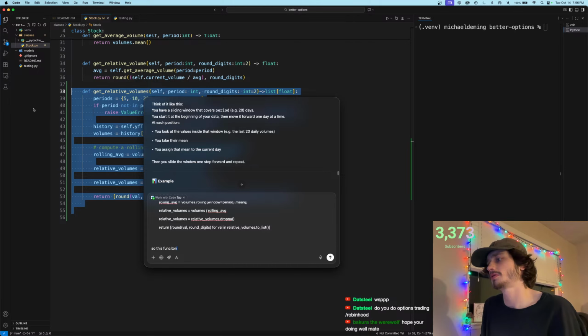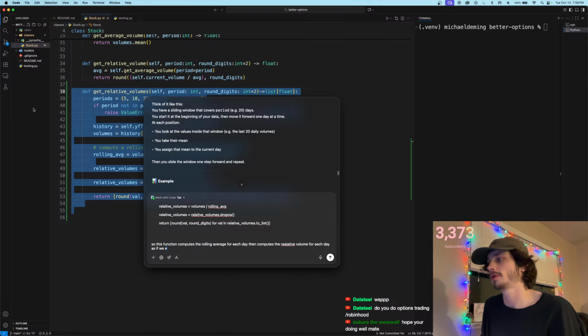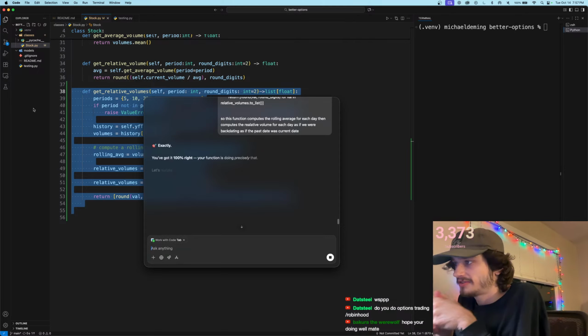This function computes the rolling average for each day, then computes the relative volume for each day as if we were backdating to that curve, as if the past date was the current date. Exactly.